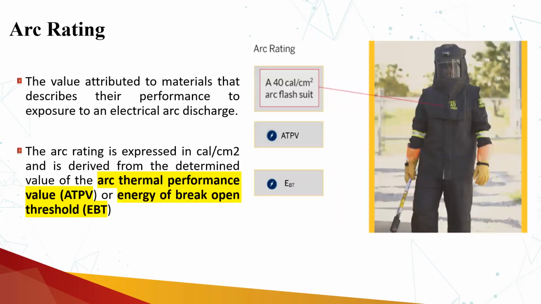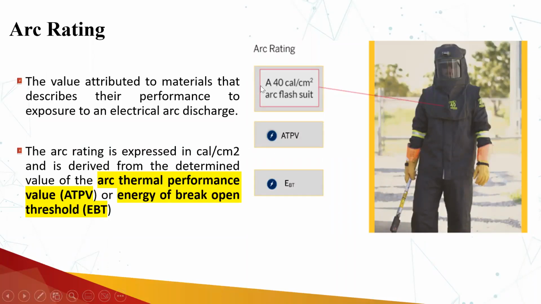Moving to the next definition, arc rating. We select personal protective equipment based on an arc rating. So what is this arc rating and how is it defined? If you have any arc rated personal protective equipment, you will find that the arc rating is mentioned in calories per centimeter square.